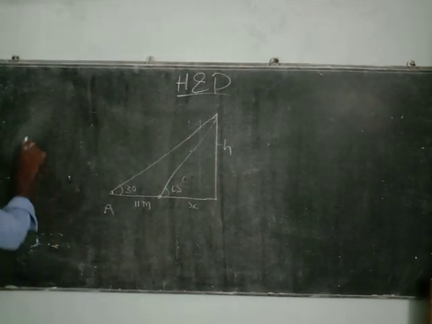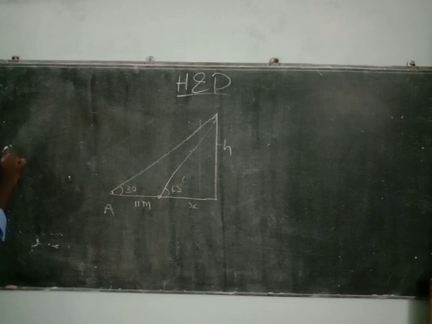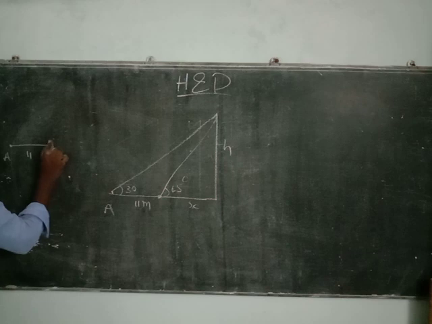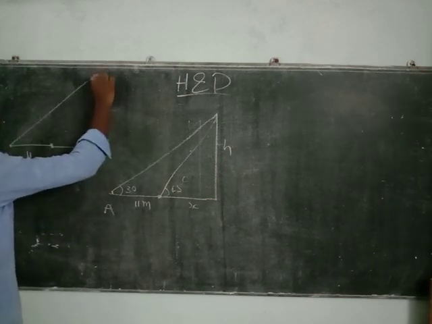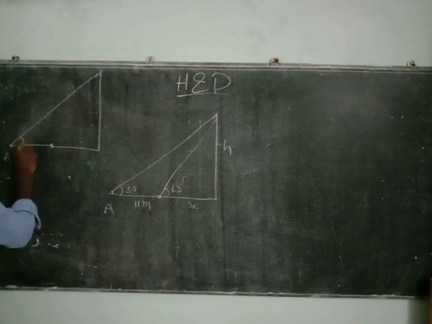So remember, a person from point A travels a distance of 11 meters, and initially he is watching the top of the tower at 30 degrees, and later he finds it at 45 degrees.